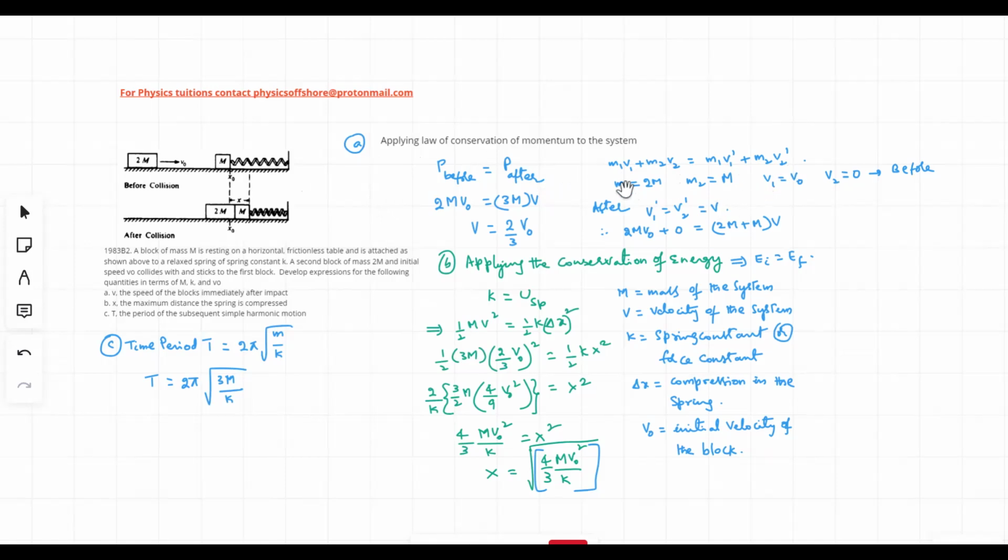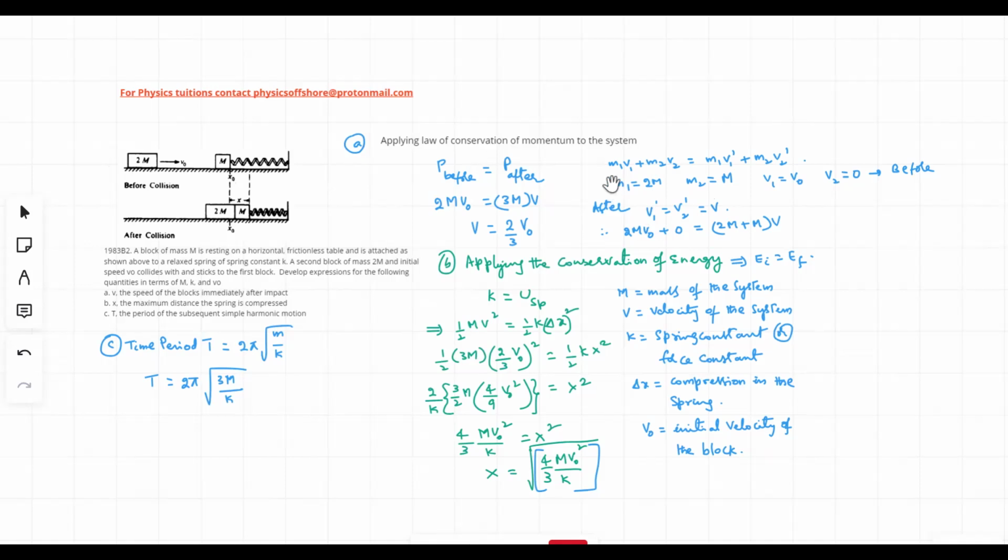Now here I will write the masses. m1 is equal to 2m and m2 is equal to m. The velocity before collision for the first block is v0, and the velocity of the second block is 0 because the second block is at rest. After collision, both the masses stick together and move with the same velocity. Therefore, v1' is equal to v2' is equal to v.